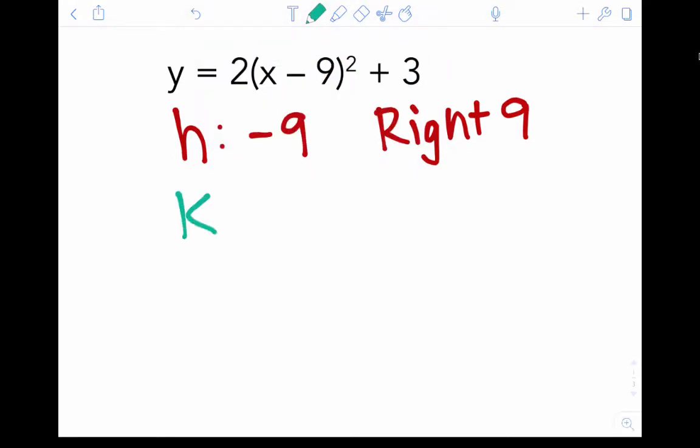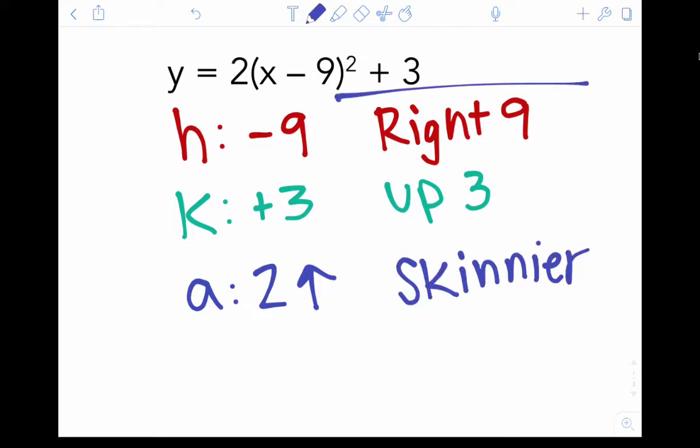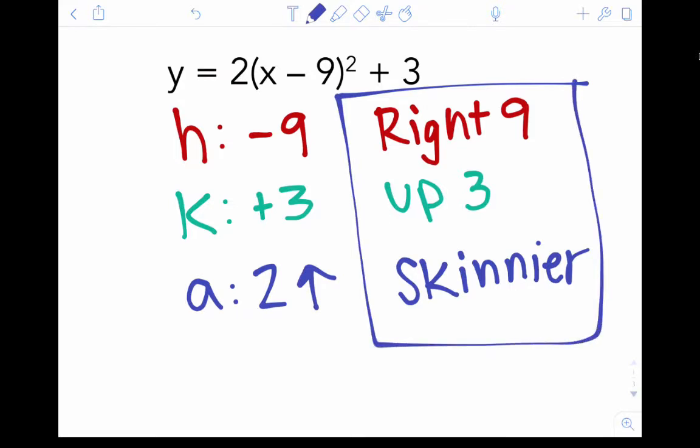The k is plus 3, which means it's going to go up 3. And then the a becomes 2, which is an increase, which means it's going to be skinnier. So it goes right 9, up 3, and it becomes skinnier.